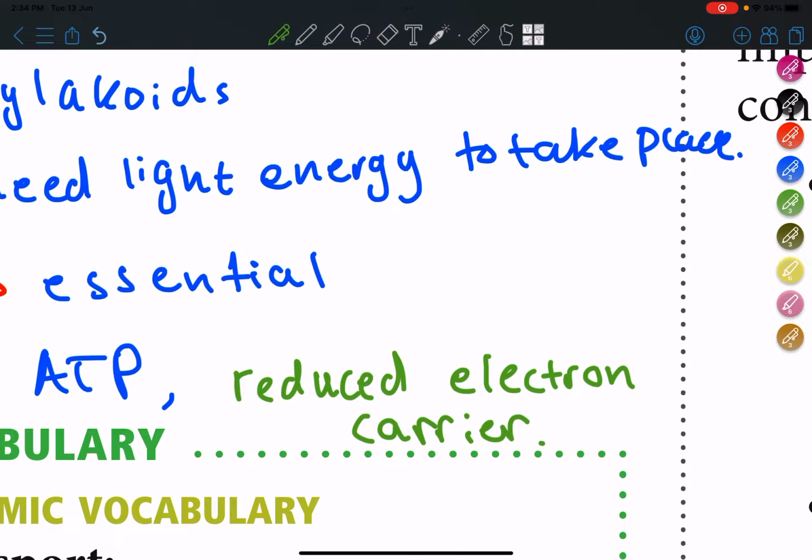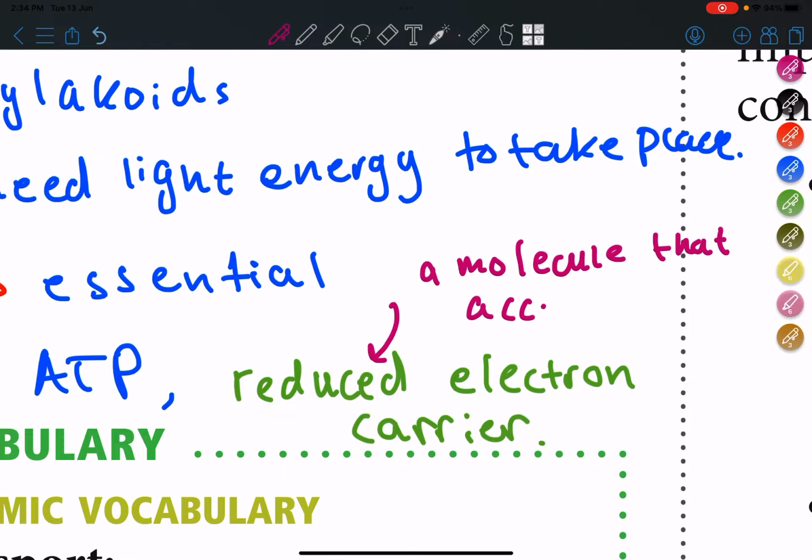We'll talk about electron carriers more in detail in a minute when we discuss the NADPH, but I just want to discuss reduced. Why did we say reduced electron carrier? When we say reduced electron carrier, it basically means, or when I say reduced, it means a molecule that accepted electrons.